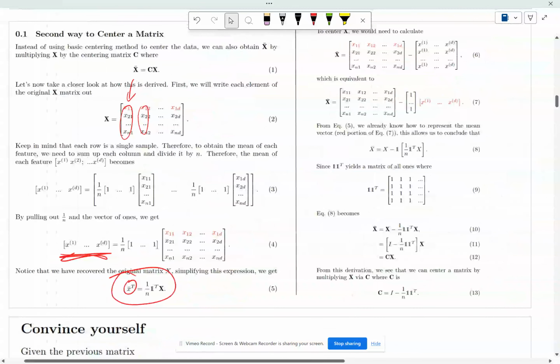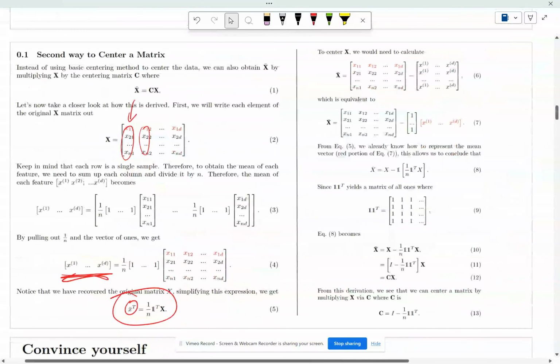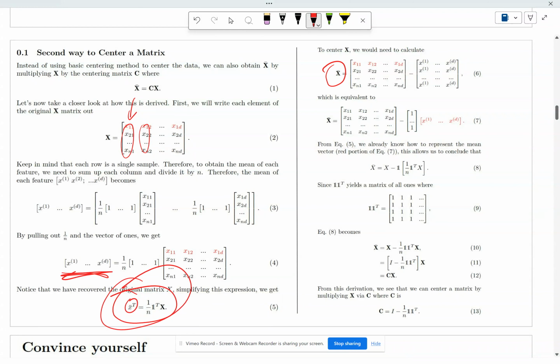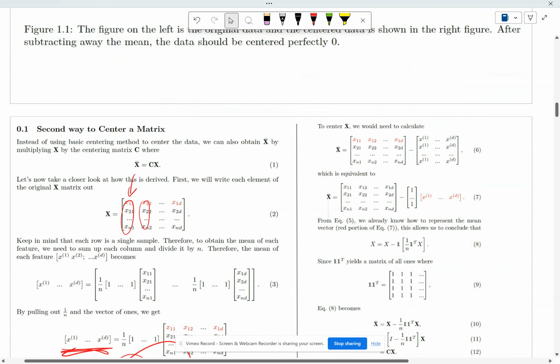Now, if you remember, to subtract away from the center, so we found the average. If we want to subtract away the center, then we take the original data and subtract the average every single time. For every column, we subtract the average. Okay, so that's how we did it previously, right?